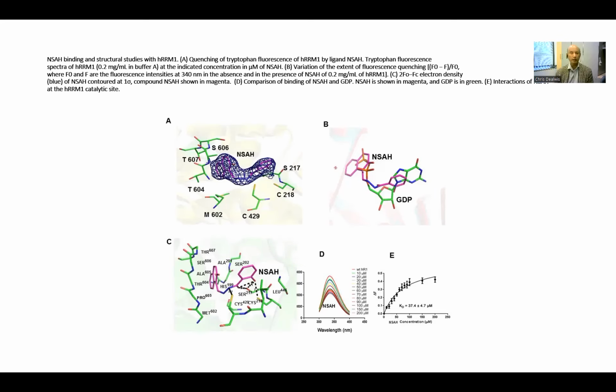And then we were able to solve the structure of NSAH bound to the target human ribonucleotide reductase. And what we show is it binds in the catalytic site. And then we are also showing that it's binding within the active site, same place as its substrate GDP. And then finally, we show how it's interacting with the active site in the last panel.